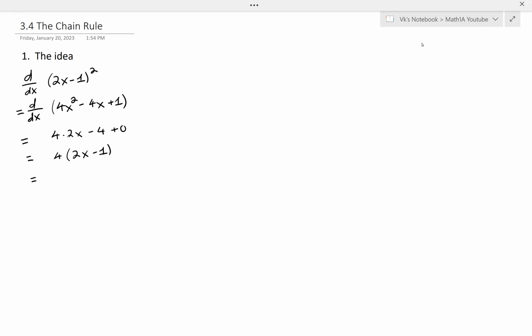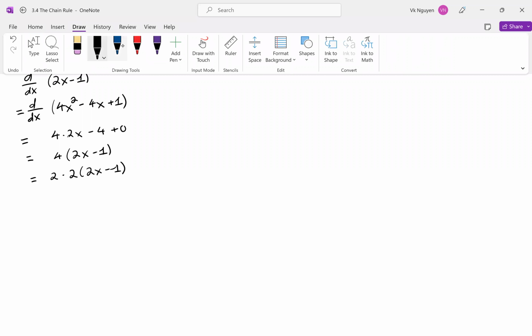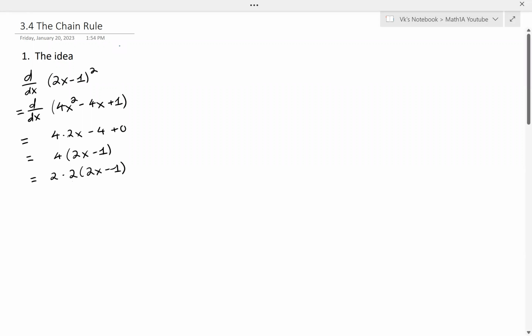And we can break it down a little bit further into 2 times 2(2x minus 1). The reason why I break it down this way is because from here, we can see that this does look like the derivative of the outer function.